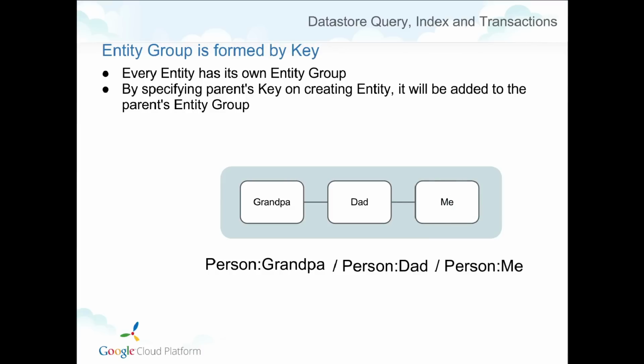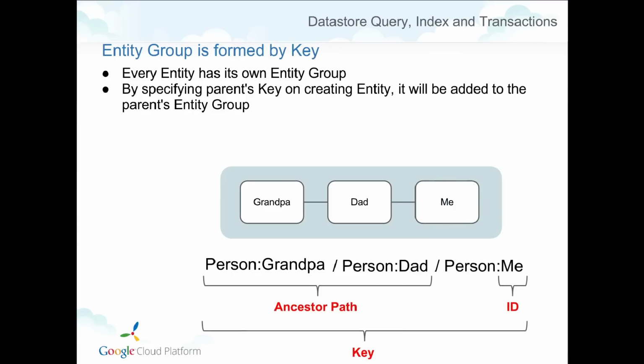Every single key has an ID to identify each entity, but also has its ancestor, which describes who is the ancestor, dad or grandpa or yourself. This is somewhat difficult to understand, and this is all for transactions. This is not a relationship between the tables in a traditional database.